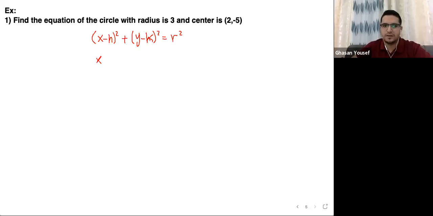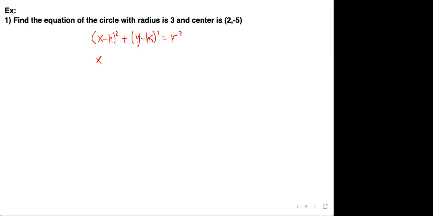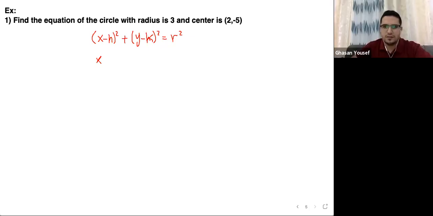Yeah, this is correct. This is nice. Thank you. So she said instead of h here, we plug the 2, and instead of this k, we plug the minus 5, and instead of r, we plug the 3.